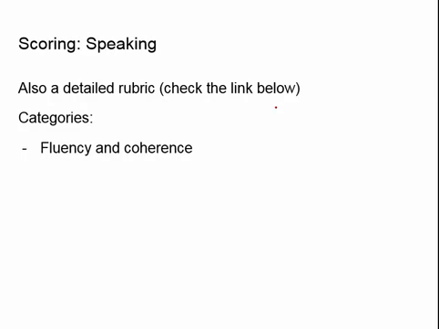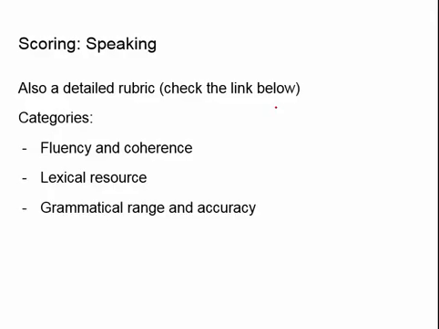Coherence means that your ideas stick together. It's just like the writing concept we just discussed. Lexical resource, the same as with writing. How well can you use vocabulary? How much vocabulary? And also, how accurately do you use the words that you use? Grammatical range and accuracy, again, about how much variety and how varied your grammar structures are, and whether you use them correctly or whether you have a lot of mistakes.